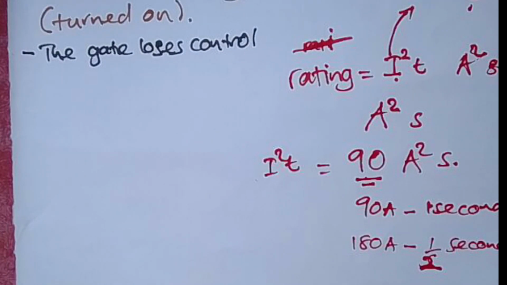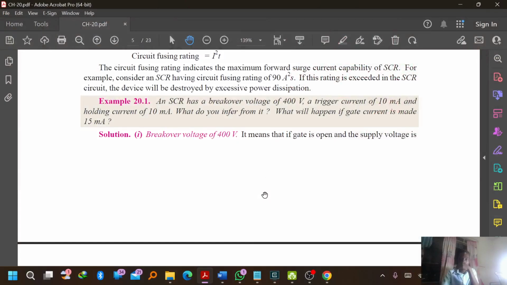So I'm going to rush over and we talk about this SCR as a half wave rectifier. Is that okay? But this example here, I'm not going to talk about it just simply because it is just implementing those formulas. Here they are trying to tell you to explain about the breakover voltage.